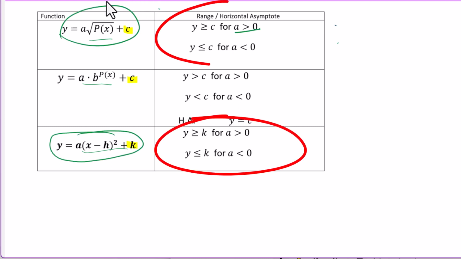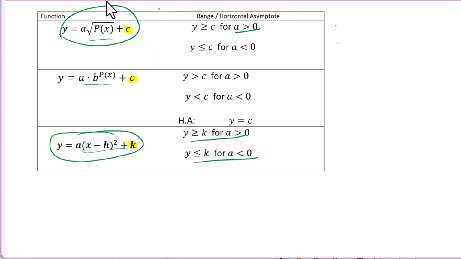Square root function and quadratic function are the same. For an exponential function, there is no equal sign, because this C is a horizontal asymptote line. A greater than 0, then y greater than C. A less than 0, y less than C.